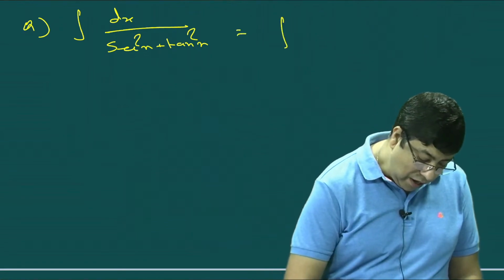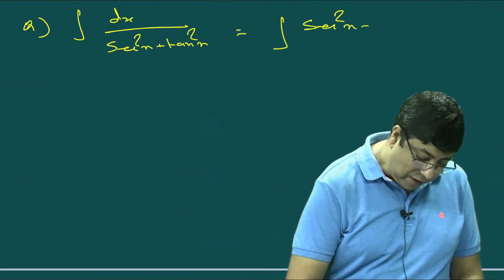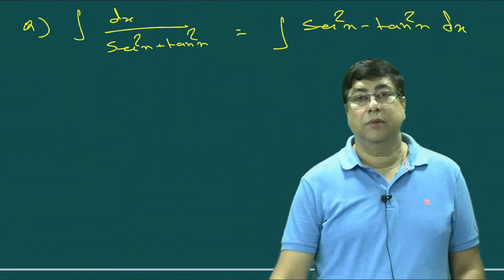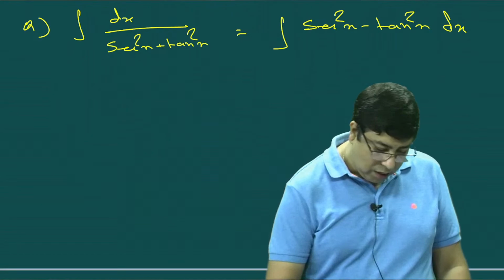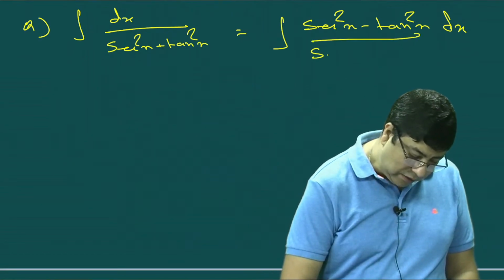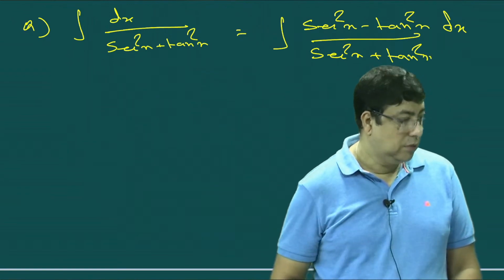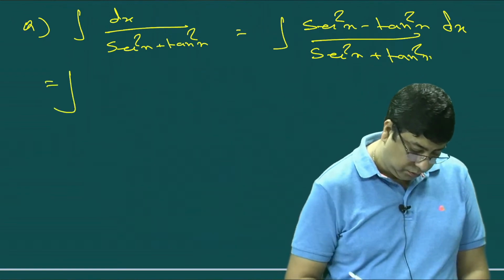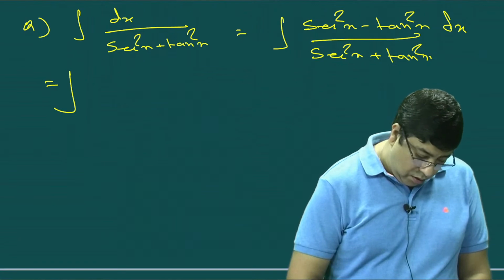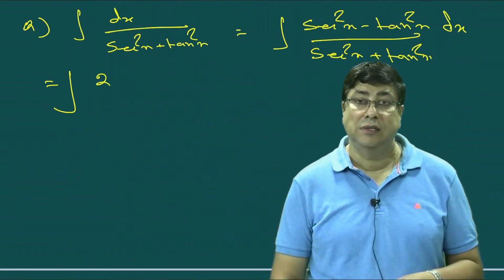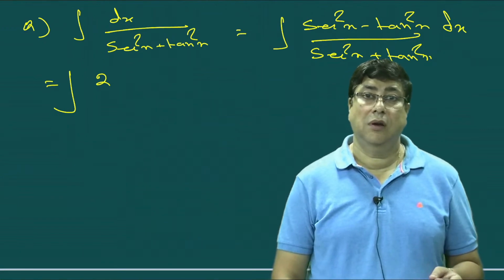So we can multiply here, just apply sec square x minus tan square x, as we know that sec square x minus tan square x equal to 1. Therefore, we can write this as sec square x plus tan square x. Now obviously you have to take tan x as t, that is sec square x dx equal to dt.